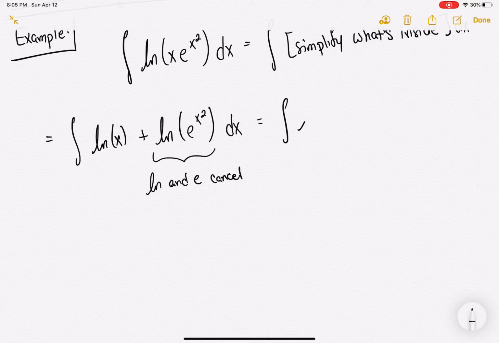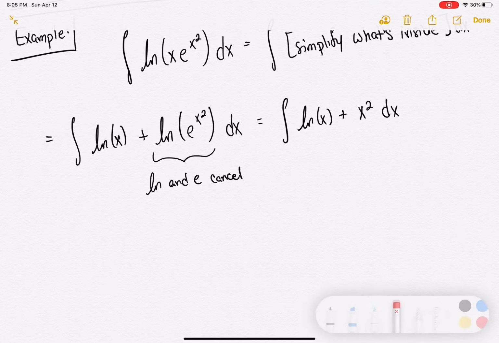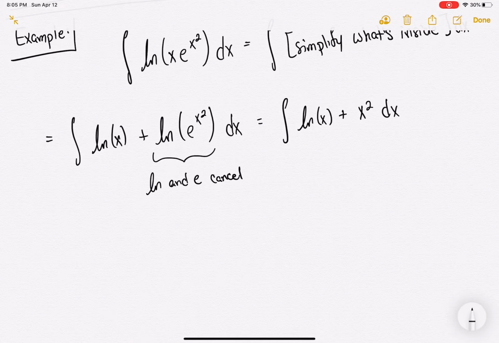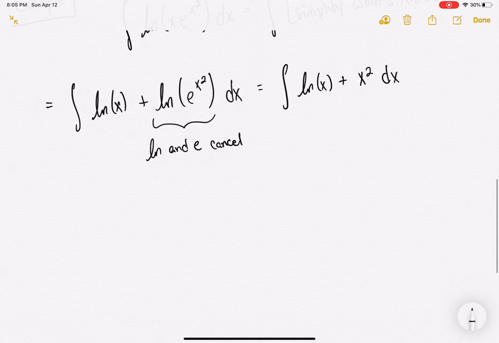So this is the integral of natural log of x plus x squared dx. That's all it is. Because the natural log and e to the x cancel. And we have, this is just what we talked about above.